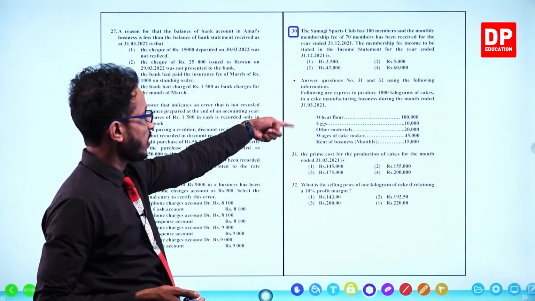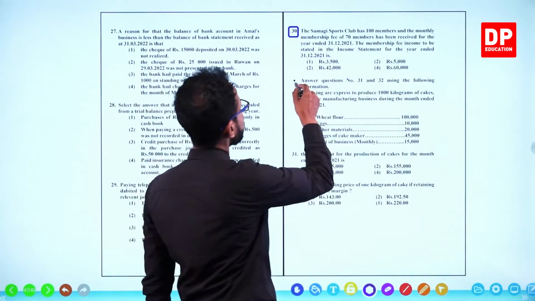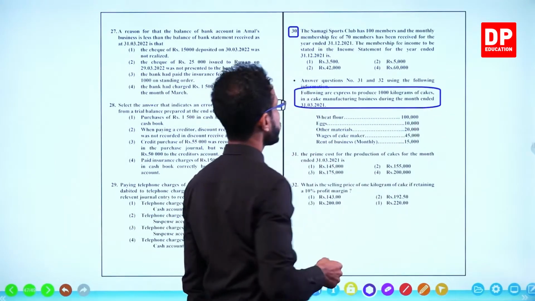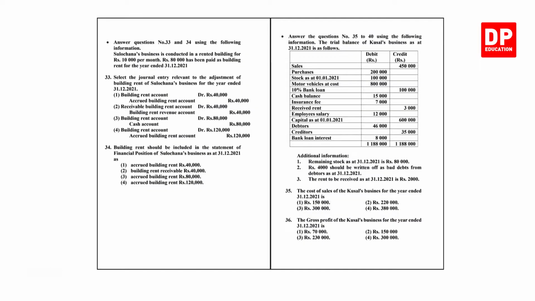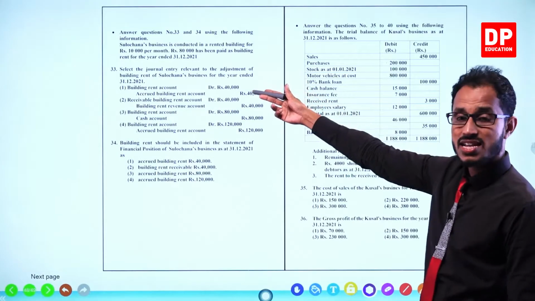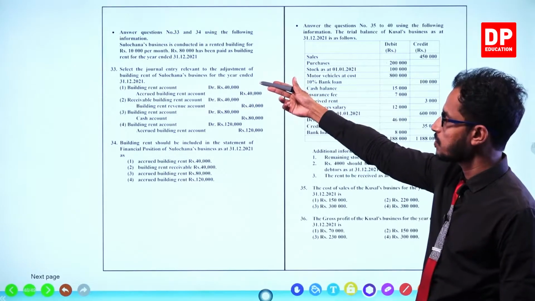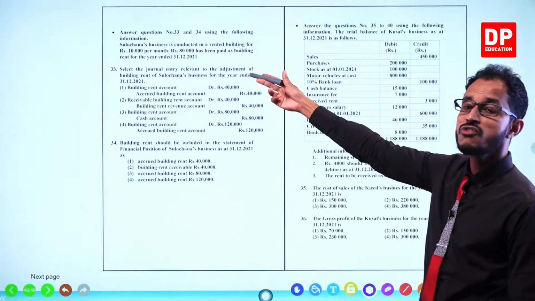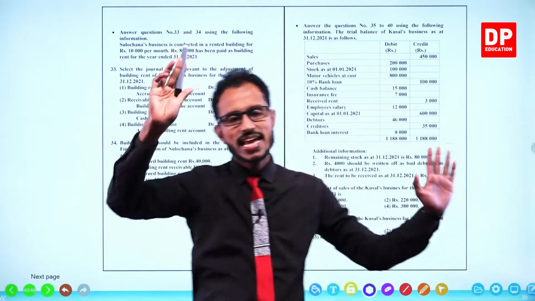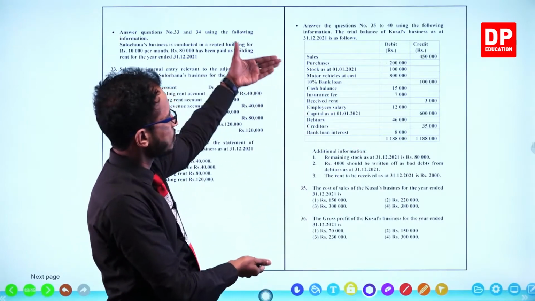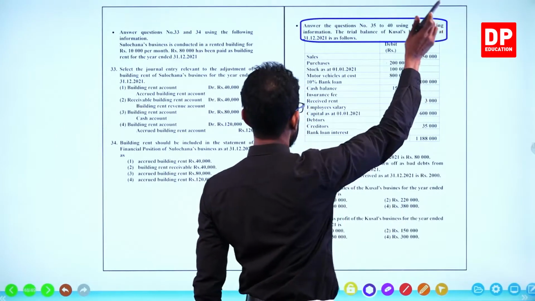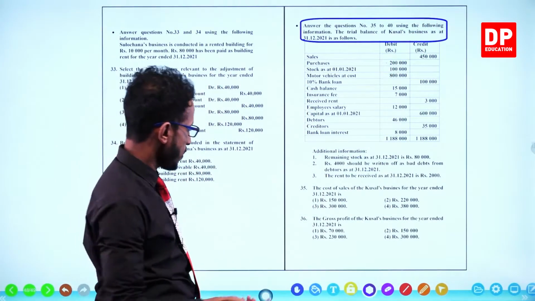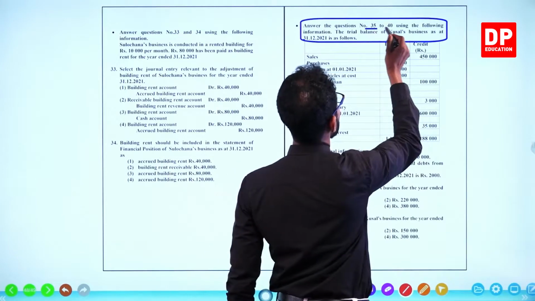See, manufacturing production cost statement, questions from that lesson. Then we have questions from non-profit organizations, right, and financial statements of a business with adjustments. This is from question number 35 to 40.